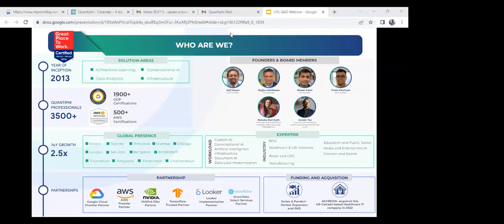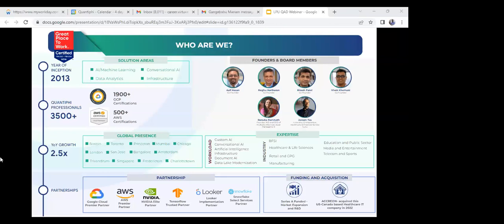That brings me to the partners. If you look at the bottom of the screen, only half of them are presented here: Google, AWS, NVIDIA, TensorFlow, Looker, Snowflake. These are only half of the partnerships that we have as of today. All right. So what happens as a partner is we work alongside GCP and AWS and provide solutions to the end customer.